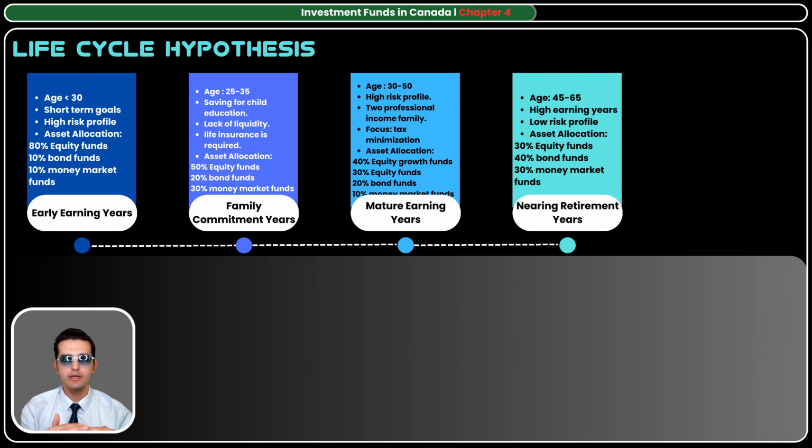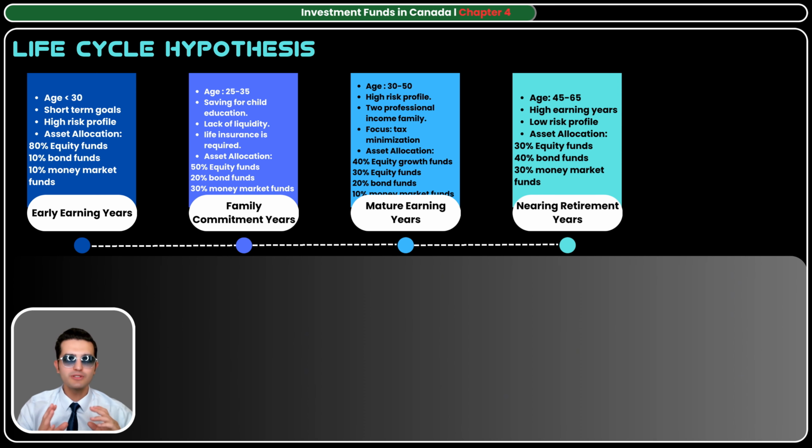So this group is in their high earning years, but they have low risk profile because they are near to their retirement. They don't want to risk their money and put in the risky investments. Okay. Let's get to the typical asset allocation for this group.